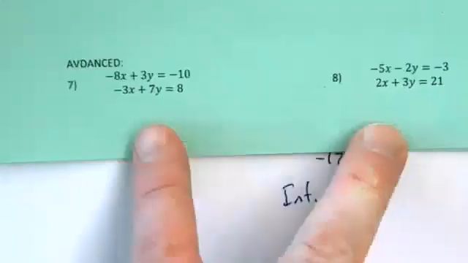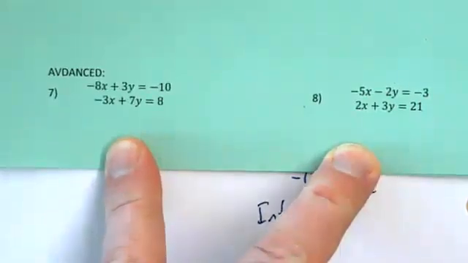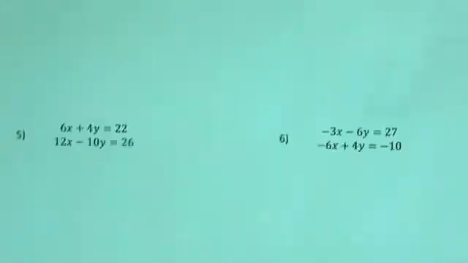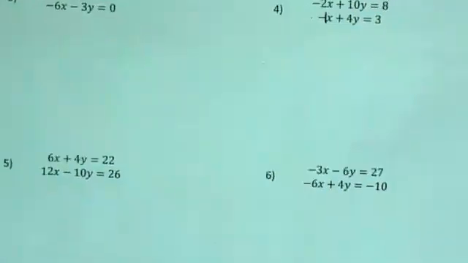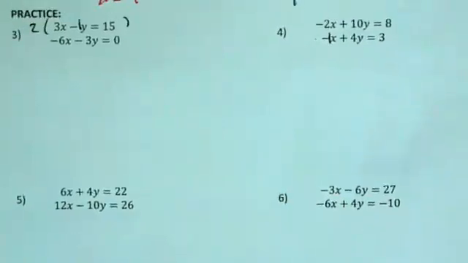These are kind of more at an Algebra 2 level. Get my attention. I'd be happy to give you a hint on 7 and 8. But if you're not feeling super confident after number 3, then just stick to 3, 4, 5, 6. I'm not going to test you over problems like 7 and 8 just yet.